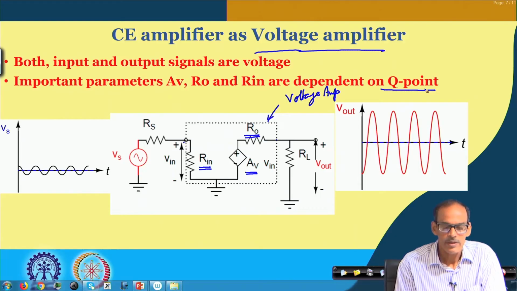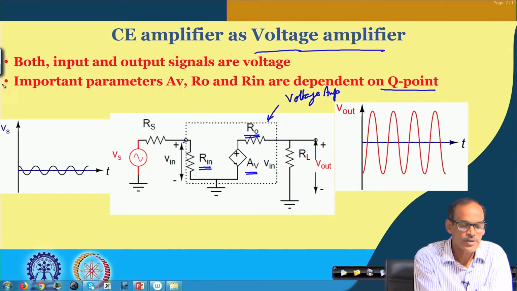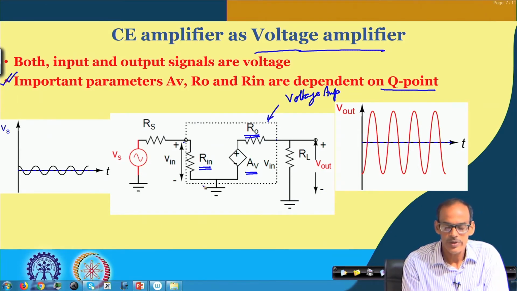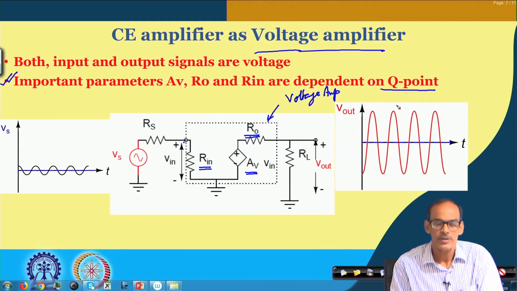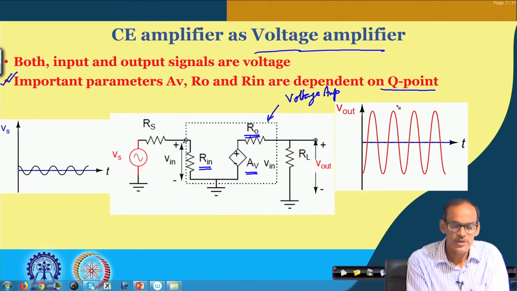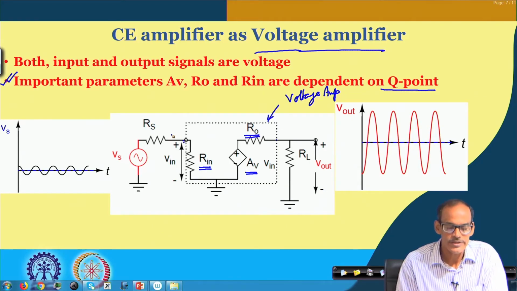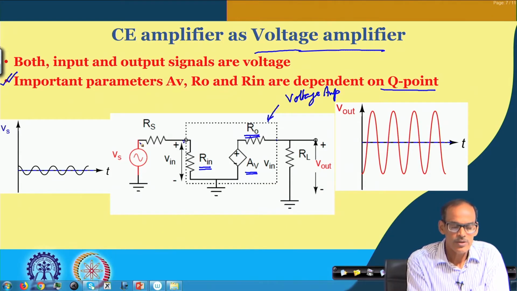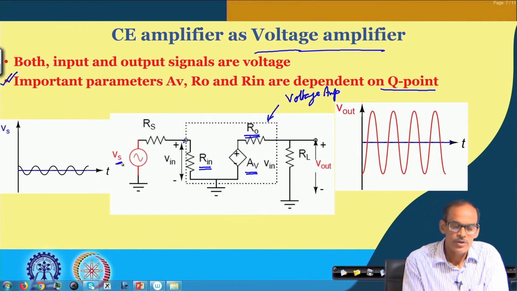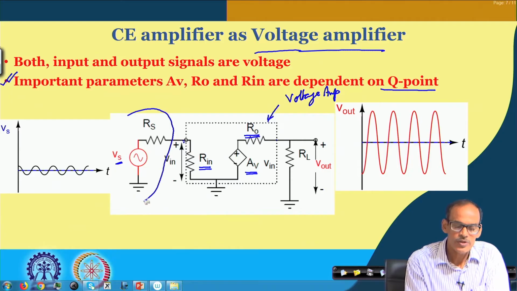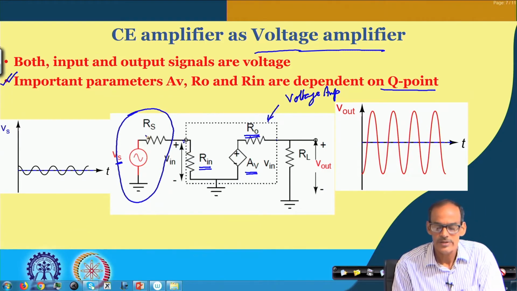So, this is one important point: while we would like to get a voltage amplifier having a good steady gain, we need to keep the DC operating point appropriate. In addition to that, since we are feeding the signal here, at the input the signal will be in voltage form, which may have a Thevenin equivalent resistance called Rs.